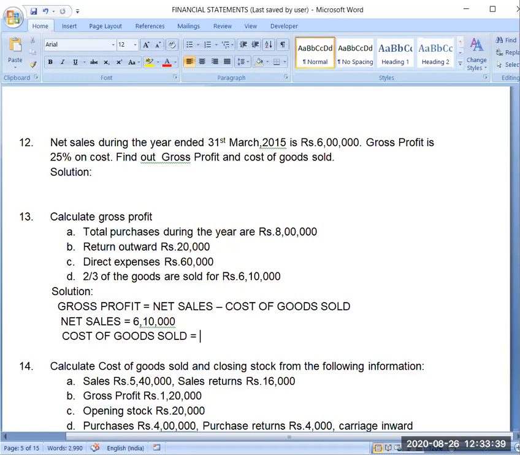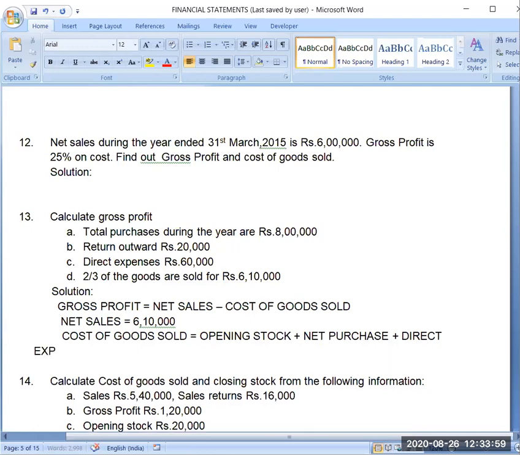Opening stock plus net purchase plus direct expenses minus closing stock.